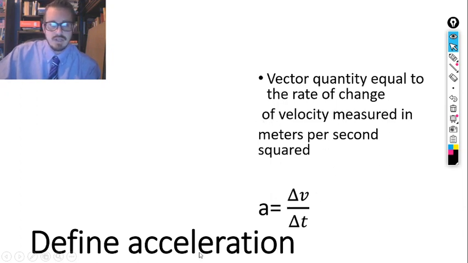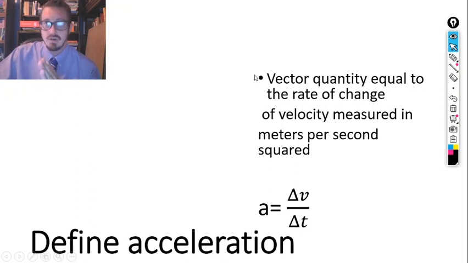To define acceleration, we say it is a vector quantity. It's equal to the rate of change of velocity, and we measure it in meters per second squared for the SI units. So it's the change in velocity divided by the change in time. That's what acceleration is: speeding up or slowing down. It's also important to note that we could maintain a constant speed and simply change our direction, and that would also be an example of acceleration, because remember, velocity is a vector quantity.